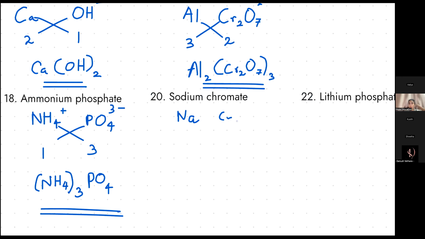In the chat box also, I got the answer. Good. So what is the valency of sodium? 1. What is the valency of chromate? 2. Good. Sodium gets 2, chromate gets 1. So sodium 2, chromate 1.